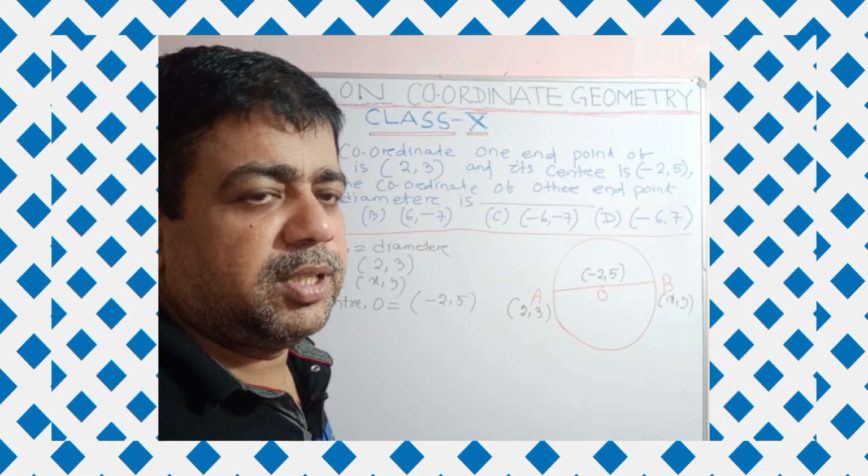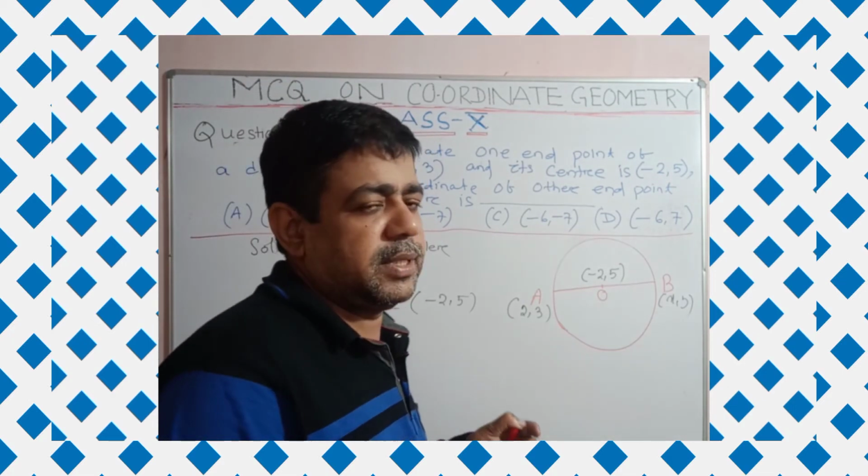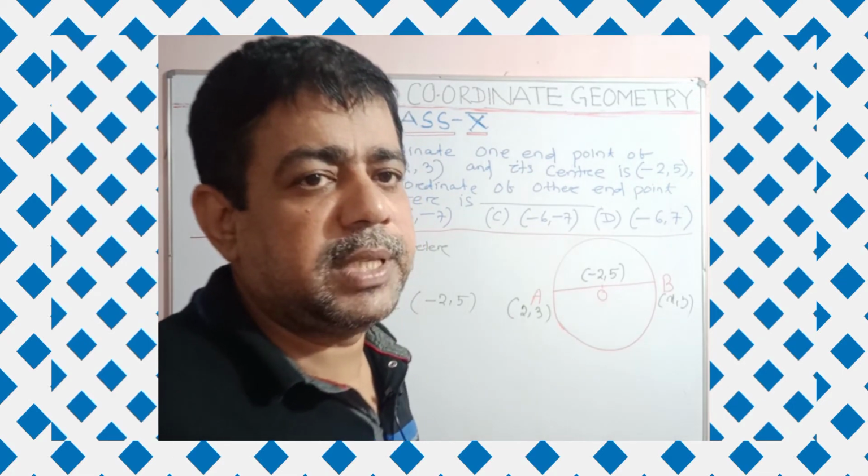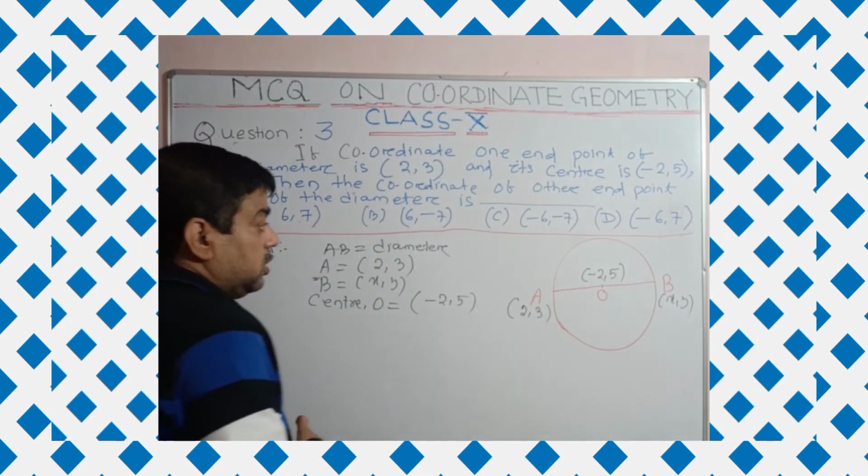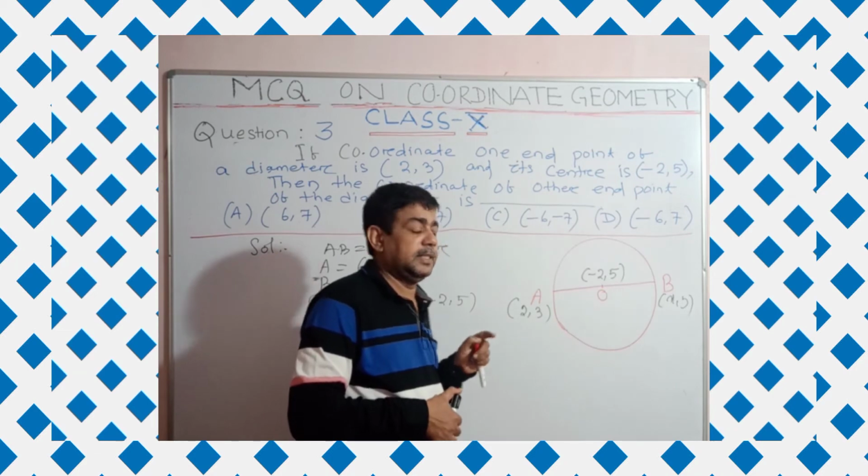You see now, AB is the diameter of the circle and O is the center of the circle. So O is the midpoint of the diameter AB.